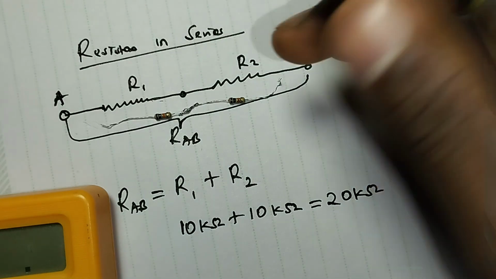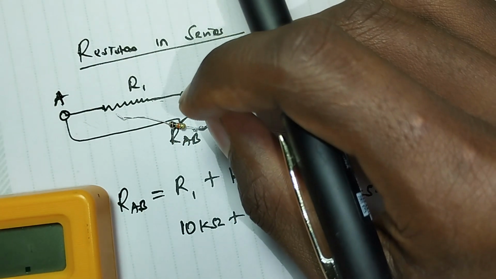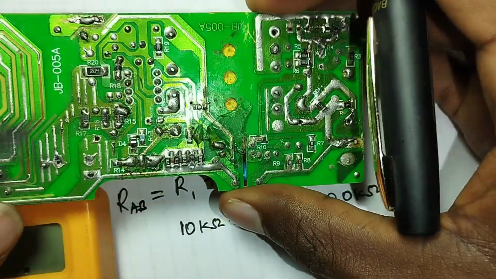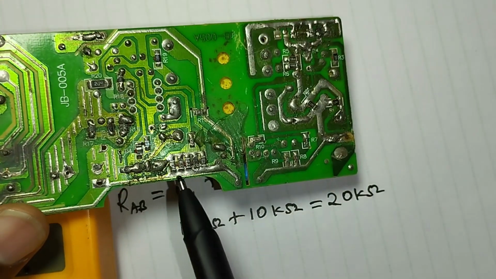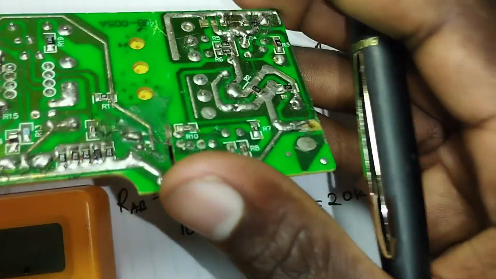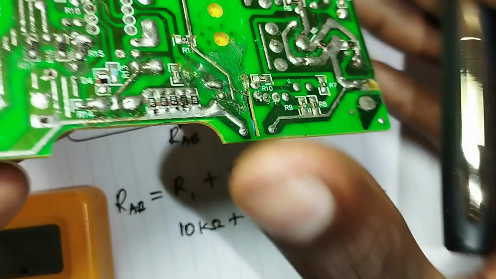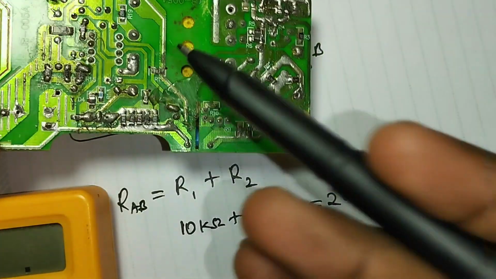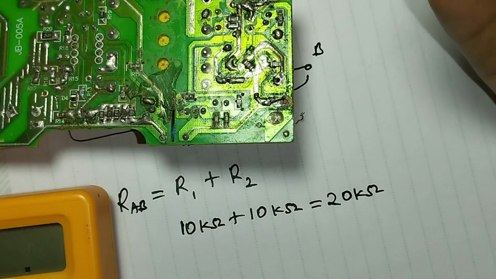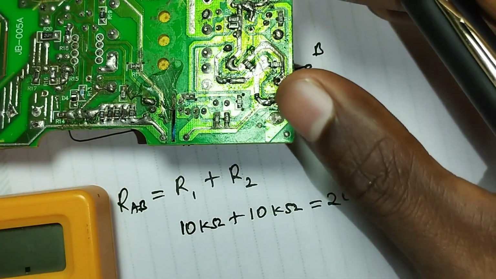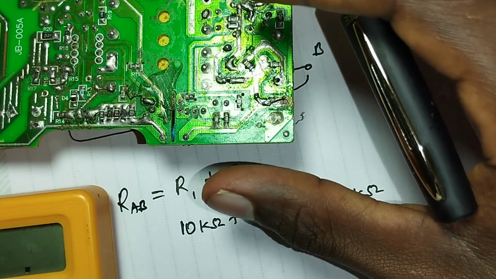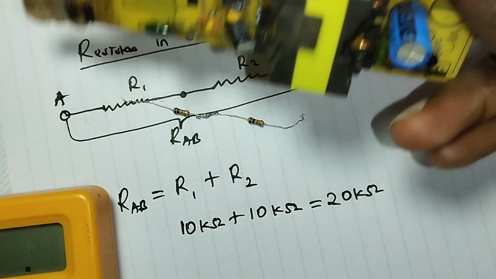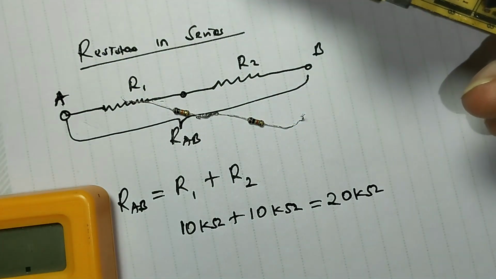So let's look at a board. On a board like this, you have these 5 SMD components here. These are just resistors, and you can tell they are all connected in parallel. You can go ahead and sample other boards if you come across them, and I assure you, you will be able to find resistors connected in one or the other kind of network.